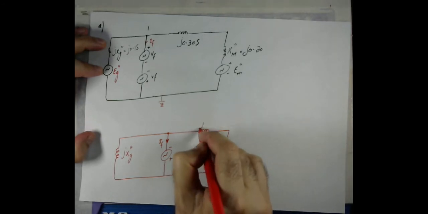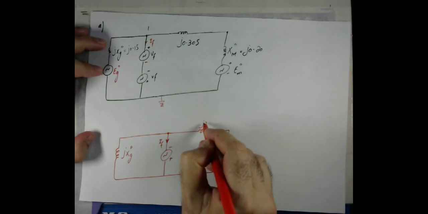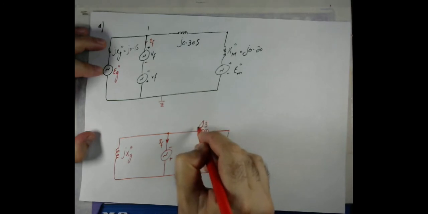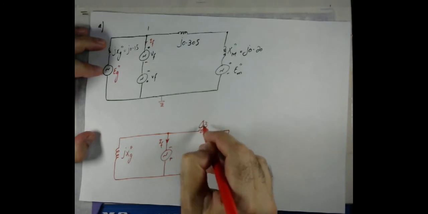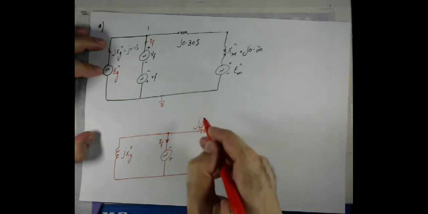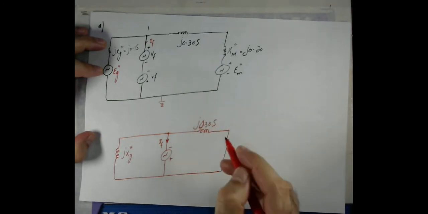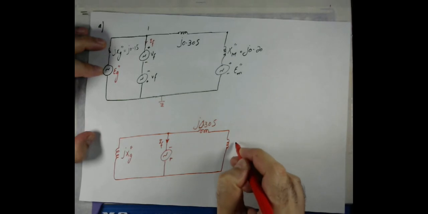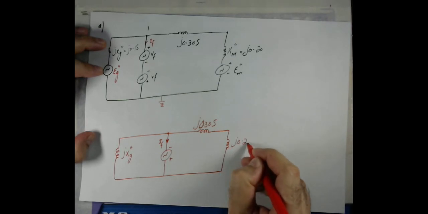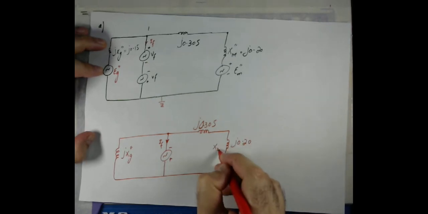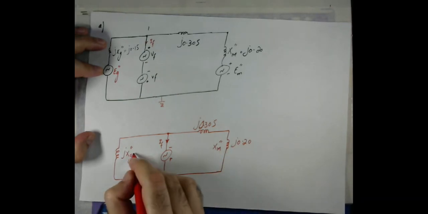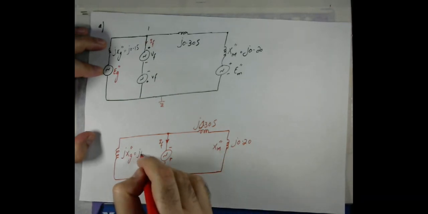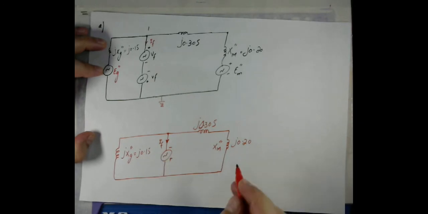So this is j0.305 and this is j0.20. So that is Xm double prime, and this is equal to j0.15.